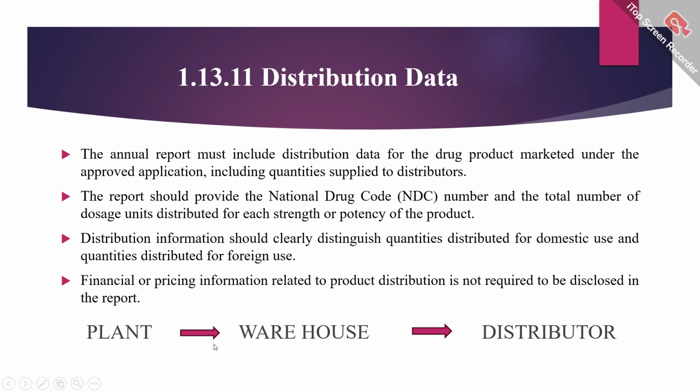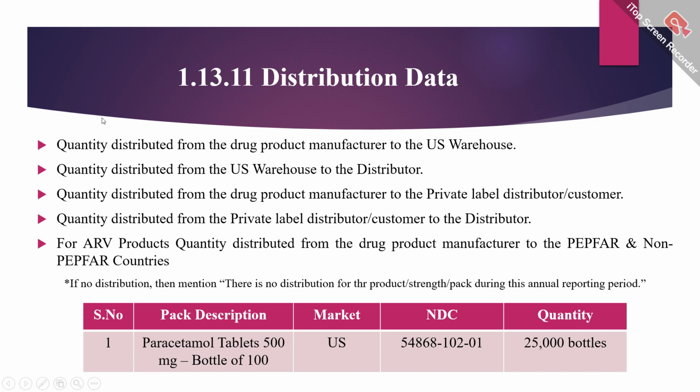Here in distribution, we submit whatever goes from plant to warehouse, and from warehouse to distributor. See here, there is an example. In distribution data, we include quantity distributed from the drug product manufacturer to the US warehouse, quantity distributed from the US warehouse to distributor, and quantity distributed from the drug product manufacturer to the private label distributor or customer.